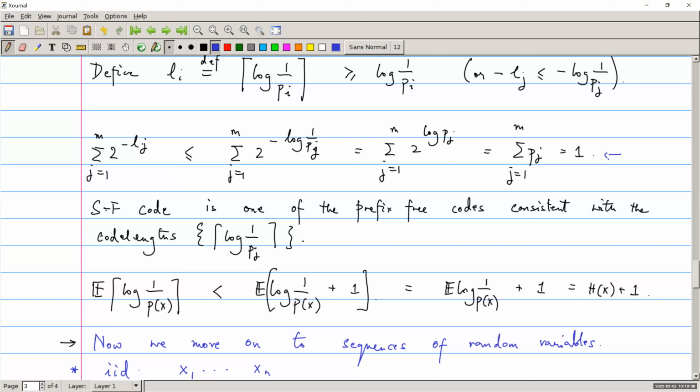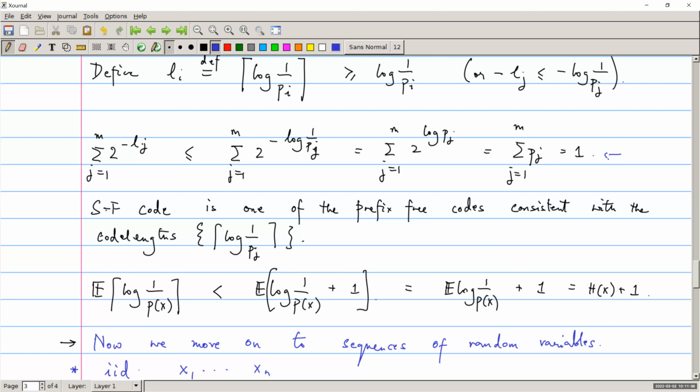So it won't be the same as individually. If you encode each symbol separately, then you pay a penalty of almost 1 bit per symbol. That's too bad. But when you look at the joint probability of all of them together and use the Shannon-Fano code, then you pay a penalty of only 1 bit for the entire block.